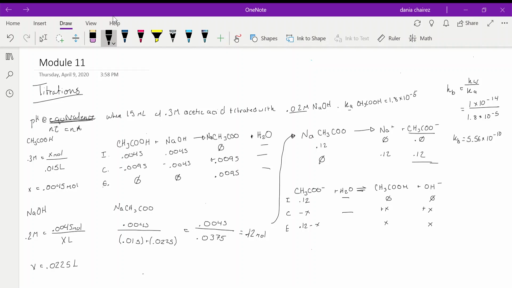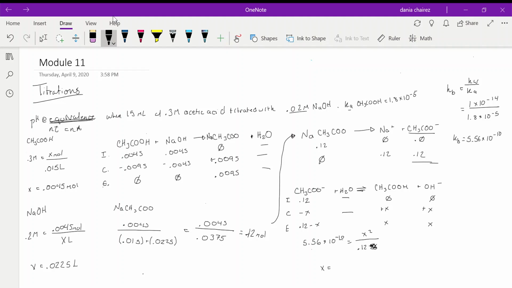So then now we just plug that into the equation. 5.56 times 10 to the negative 10 is equal to x squared over 0.12 minus x. And this number is small enough that we can discard this x. And so we just solve for x.